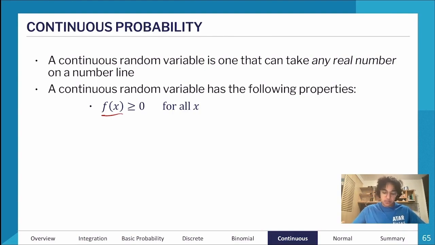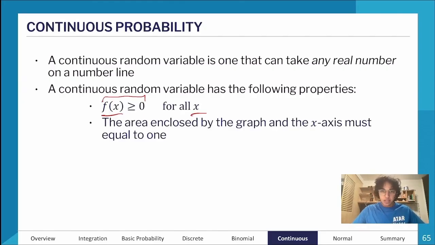What this simply says is that the probability must be greater than 0 for all x possibilities, which is just stock standard for probability. The area enclosed by the graph and the x-axis must be equal to 1. That's taking an integral from a to b of f of x minus 0 dx, which must be equal to 1.